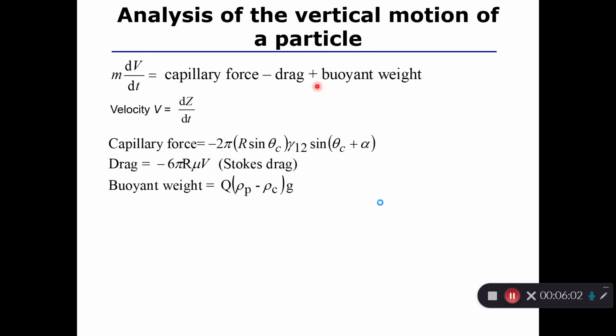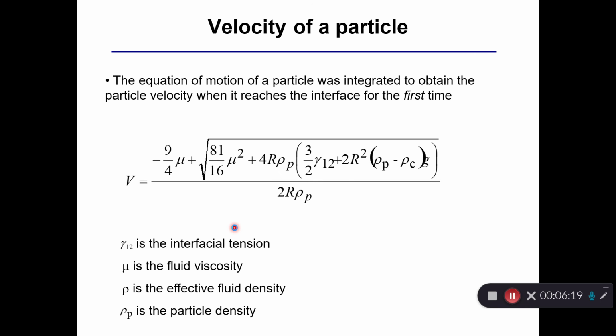If we sum up all these forces, that will be equal to the mass times acceleration of the particle. For our calculation, the capillary forces were considered using these models. When we solve this equation, we can obtain the initial velocity of the particle when it touches the interface.